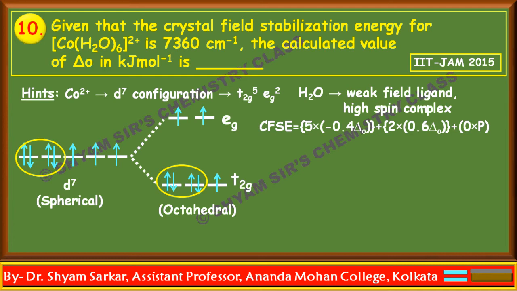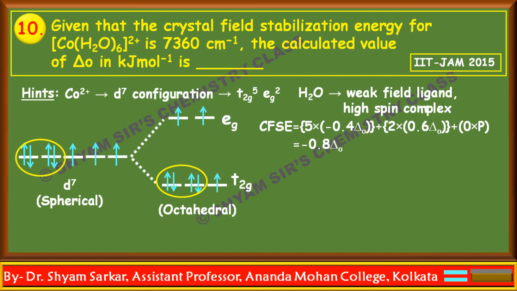So CFSE equal to 5 into 0.4 delta O plus 2 into 0.6 delta O plus 0 P, because no additional pairing occurred here. So CFSE becomes equal to minus 0.8 delta O, and see that they have supplied the value of CFSE as 7360 centimeter inverse.